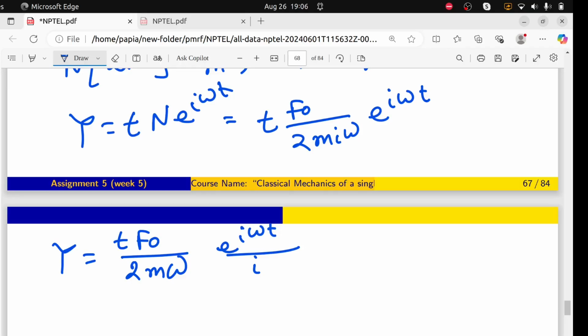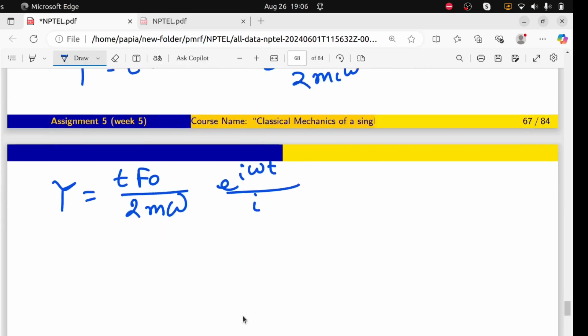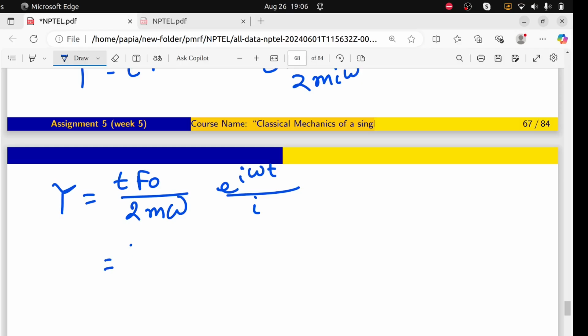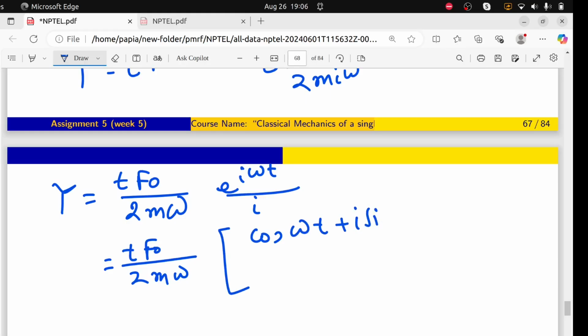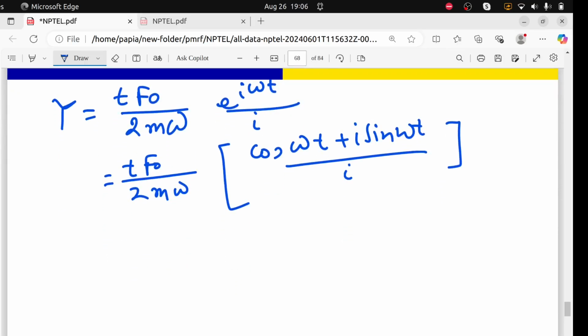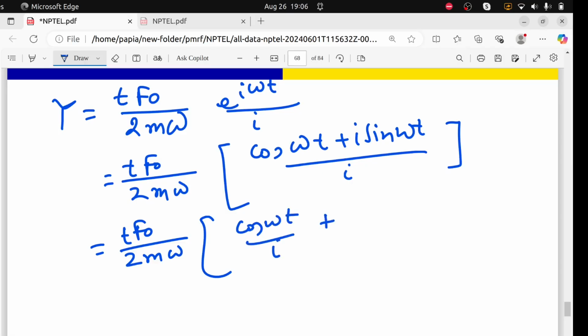Now what will be the real part of y? The real of y is t f0 by 2m omega times cos omega t plus i sin omega t, whole divided by i. So it will be t f0 by 2m omega times (cos omega t by i plus sin omega t).